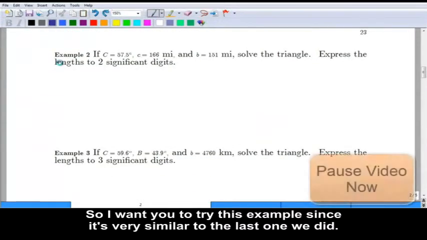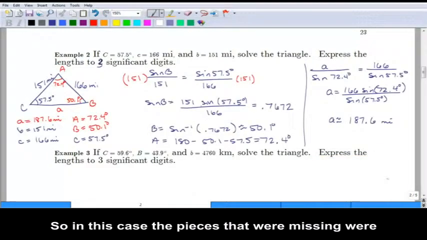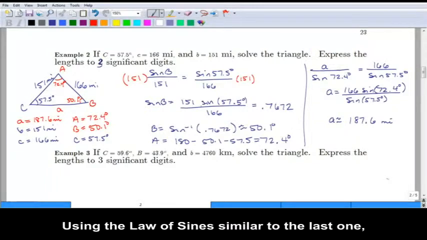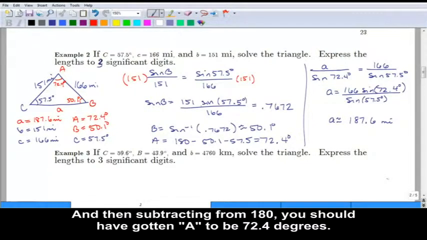So I want you to try this example since it's very similar to the last one we did. Pause the video now and then resume to find the correct answer. So in this case, the pieces that were missing were side A and angle B. Using the law of sines similar to the last one, you should have found angle B first to be 50.1 degrees, and then subtracting from 180, you should have gotten A to be 72.4 degrees.